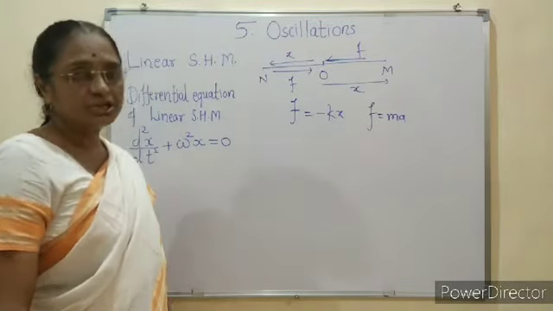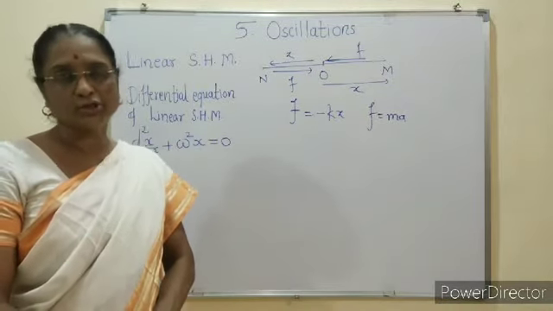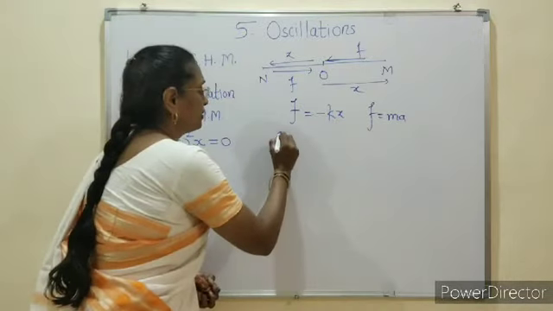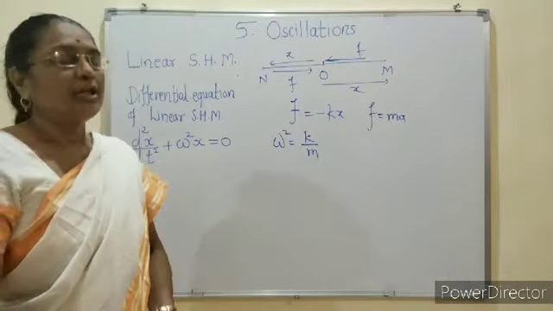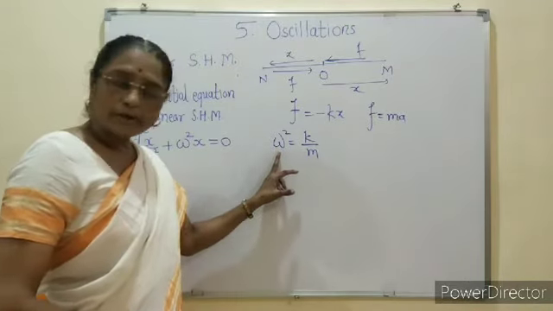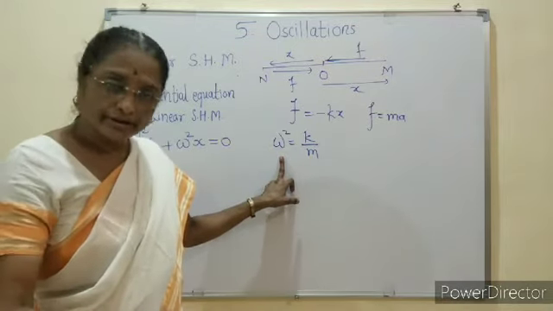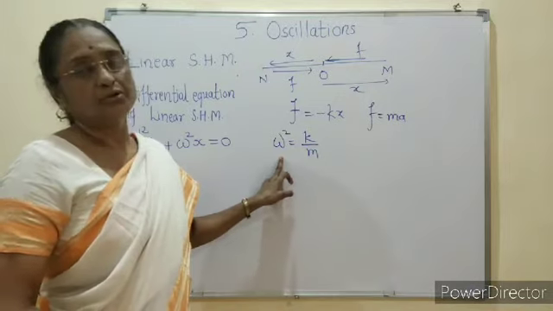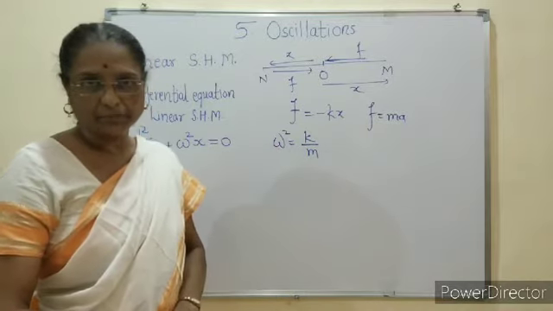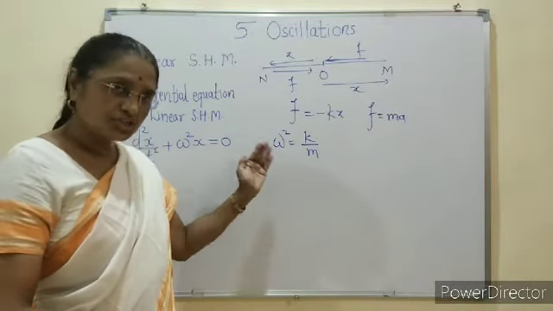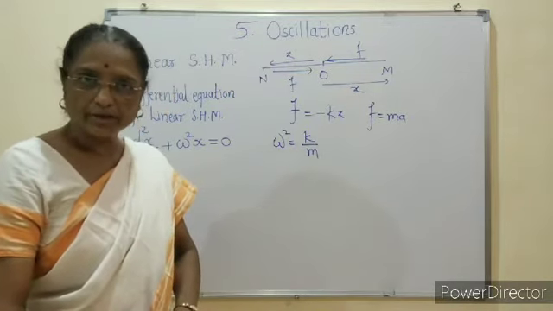In that explanation, we introduced this constant omega square for the constant k upon m, and the relation of angular velocity in SHM we will consider in the next lecture. In that, we study the relationship between UCM and SHM, but at this stage we consider instead of k upon m the constant as omega square.